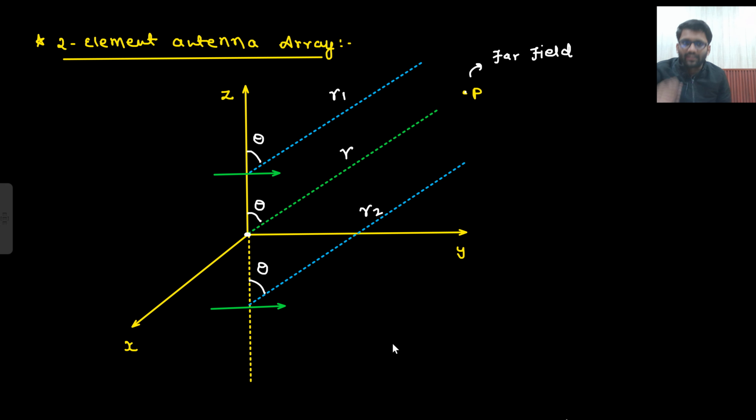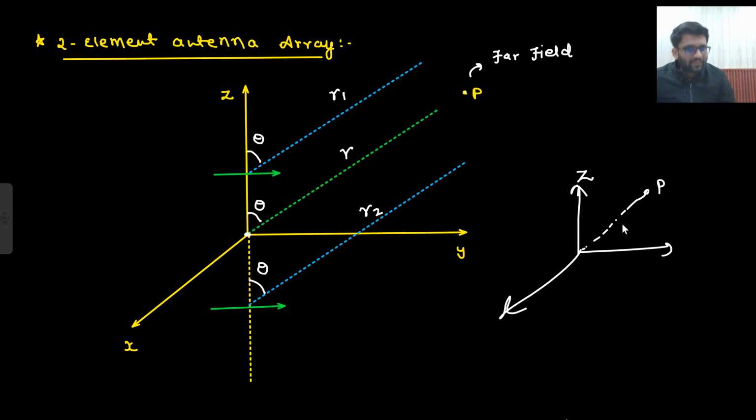In the spherical coordinate system, we calculate the distance from the origin, call it r, then from the z axis the angle is theta, and if I take the projection, this angle will be phi. Same thing we are doing.